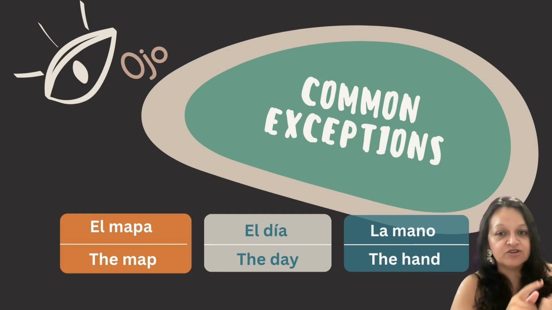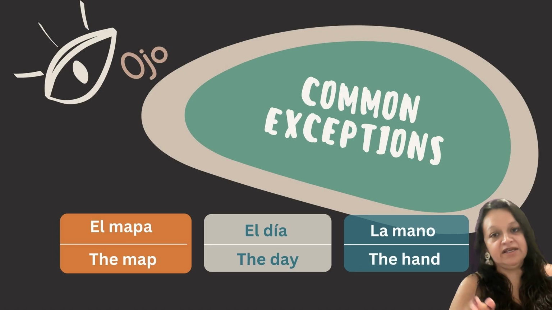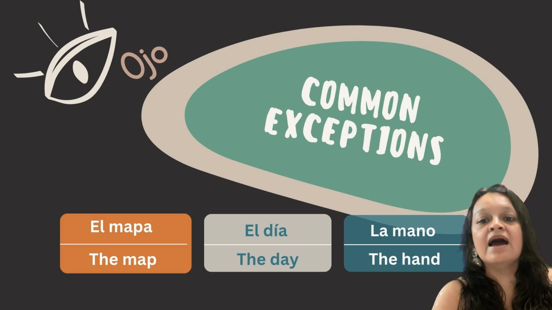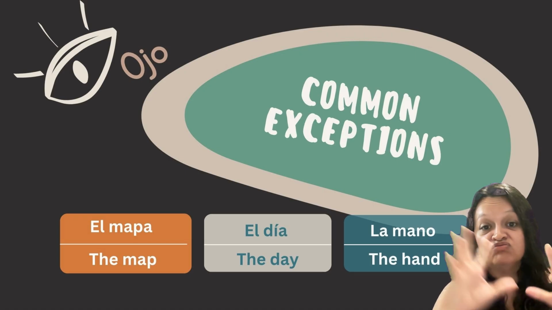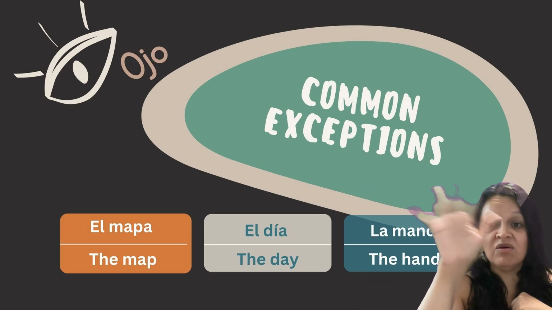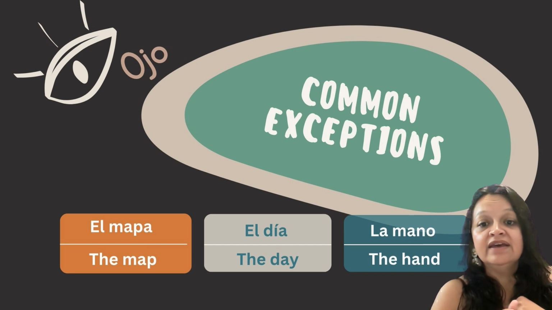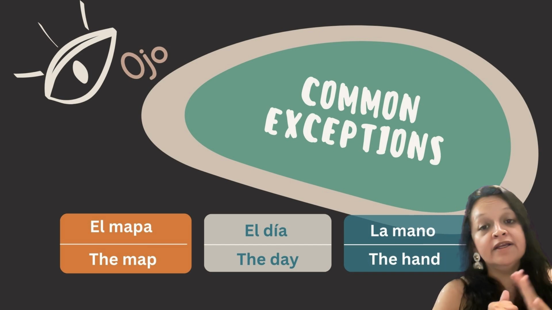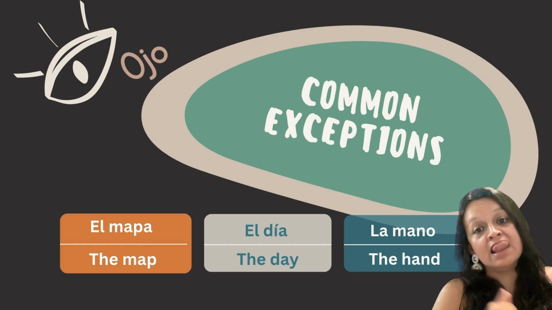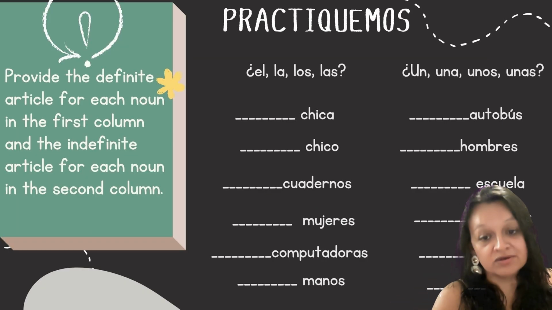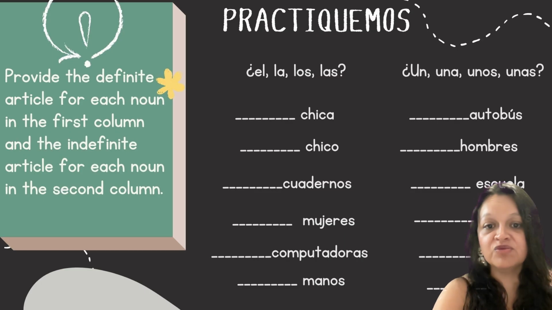Monday, Tuesday, Wednesday, Thursday, Friday, Saturday, Sunday, they're all masculine. And la mano ends in an O. La mano, con la que digo hola or chao. It ends with an O, but it's a feminine noun. That's why it has la mano, the contradiction. The articles tell me that the noun is feminine, even though the ending follows the rule of the contrary. So confusing. Anyhow, three words I'm sure you can remember.